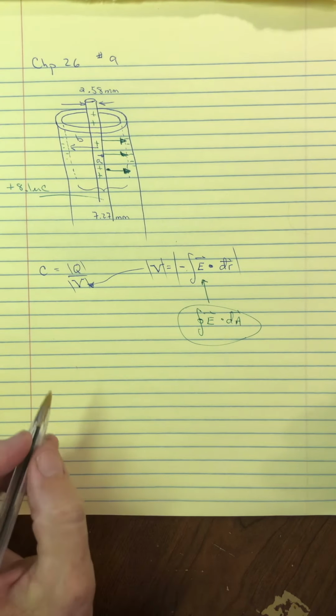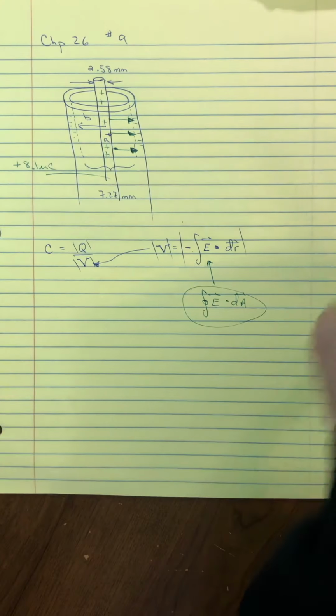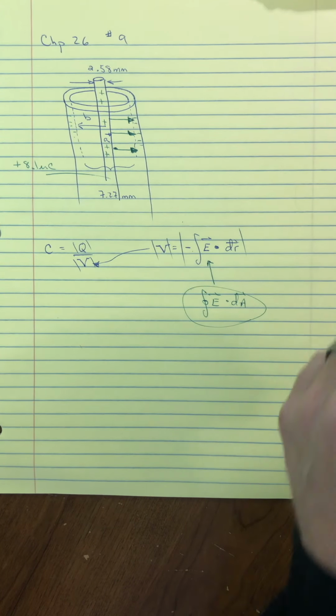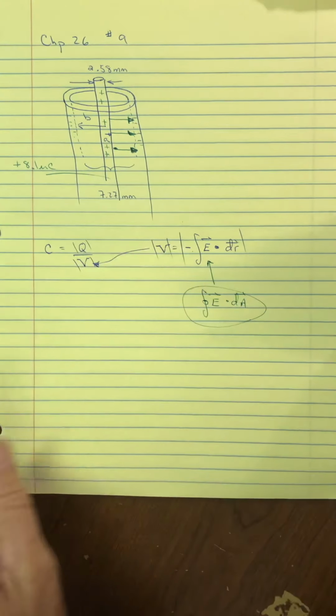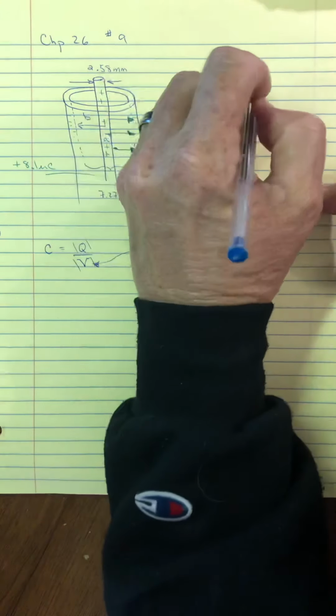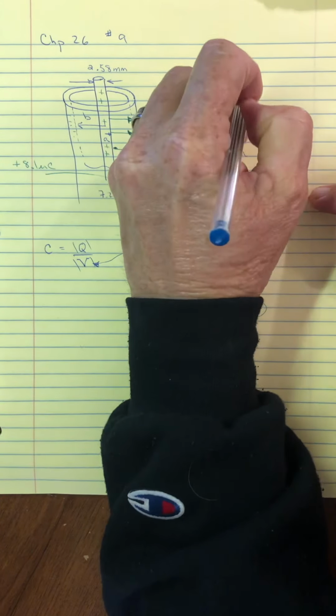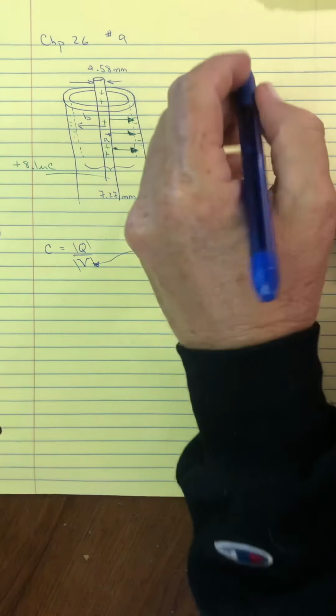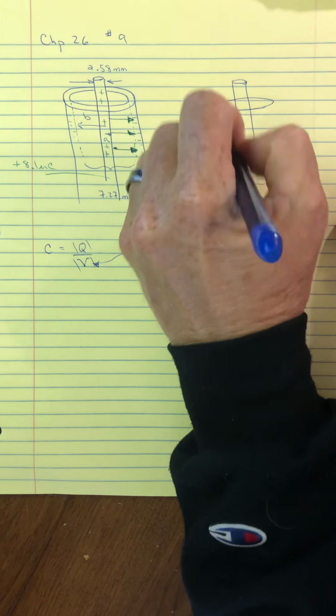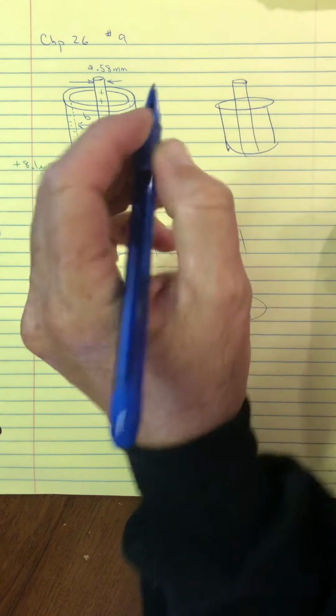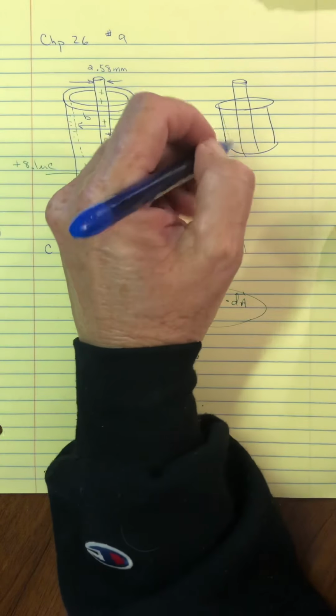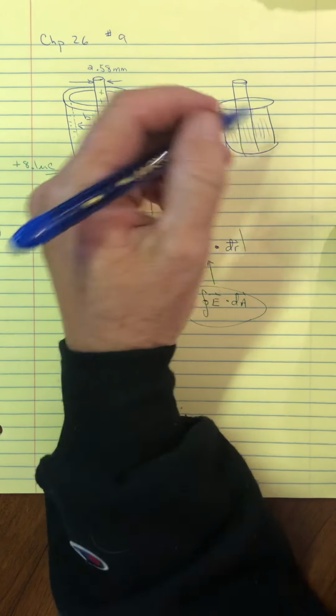Anyways, so let's start here with Gauss's law. If you remember, we did things like this. Maybe I'll just do the inner conductor here for a second and draw a Gaussian surface around it. And this is the surface around it.